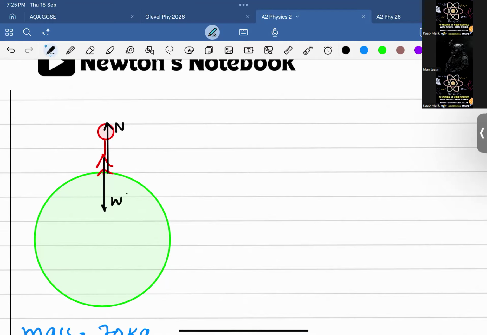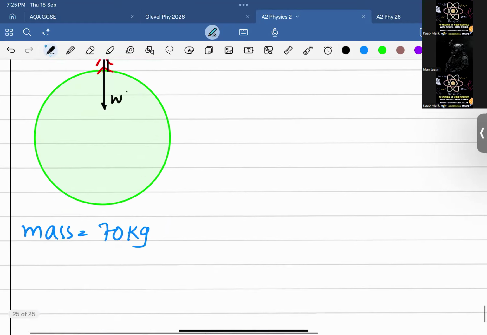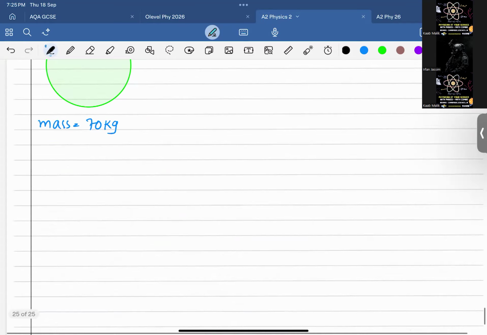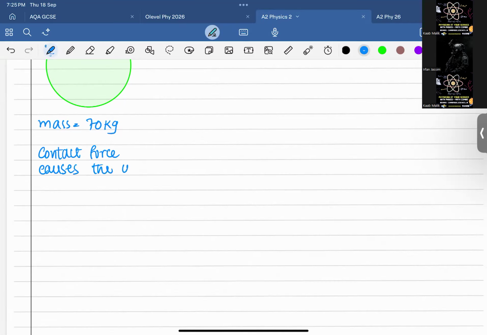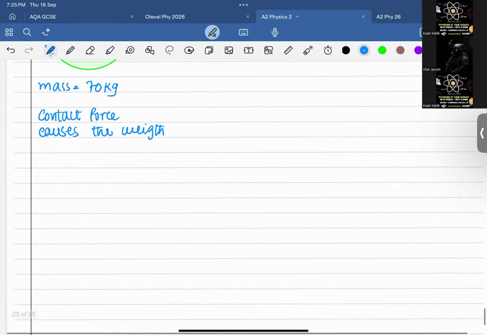So basically the normal reaction force is the one that causes the sensation of the weight. So the contact force causes the sensation of the weight, okay.